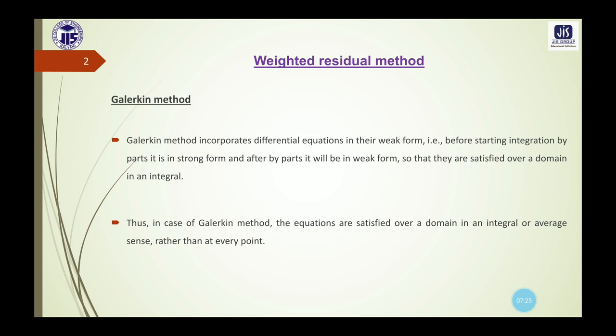Now, after subdividing the total complex shape into smaller components, the body is considered as an assemblage of these elements, which are connected to each other at a finite number of joints known as nodes or nodal joints.